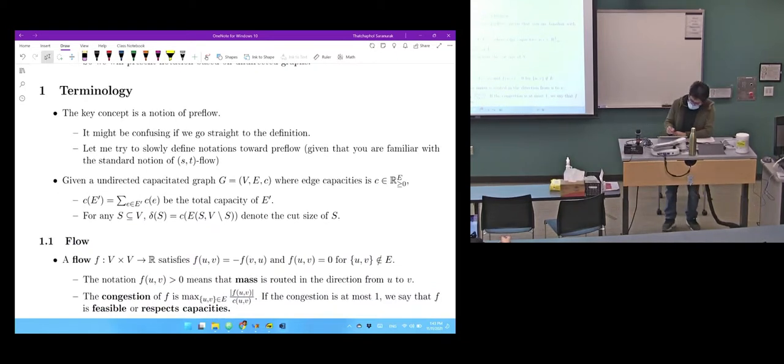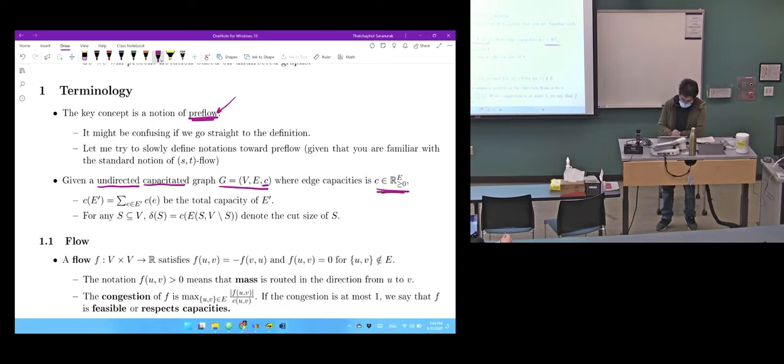Now, to talk about push-relabel, the key concept that we will need is something called a preflow. But instead of directly talking about that, I need to build some notation towards it. What we will work with is an undirected capacitated graph with capacity C, and each edge has non-negative capacity.